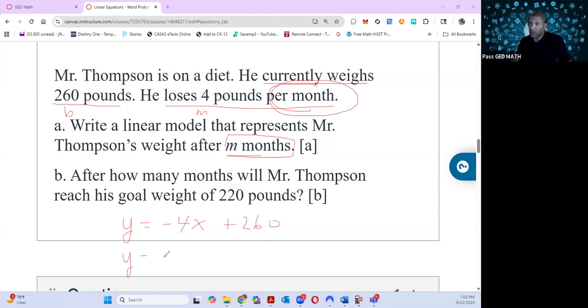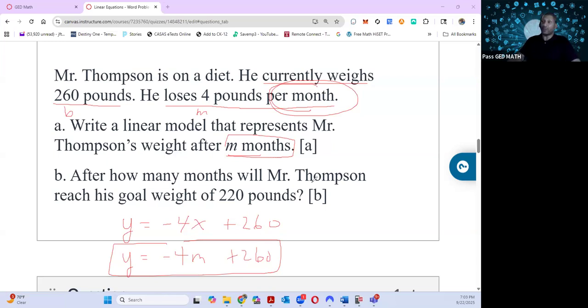So Y equal -4M plus 260. They didn't tell you anything about Y. Keep Y the same. Now, I probably would have changed Y to W. So weight equal -4 pounds per each month plus my original weight is 260. That makes more sense. But it doesn't matter. You can start with the original Y equal MX plus B, then change the variables when necessary.